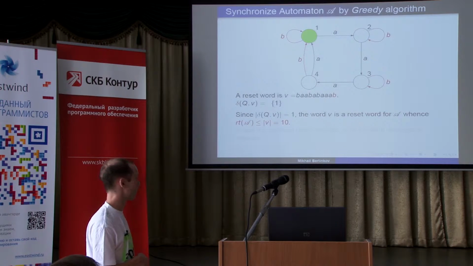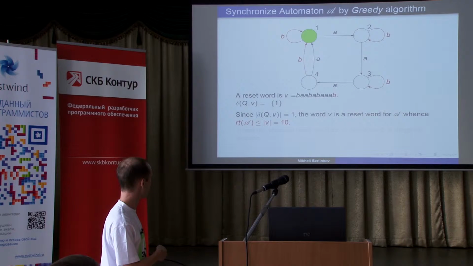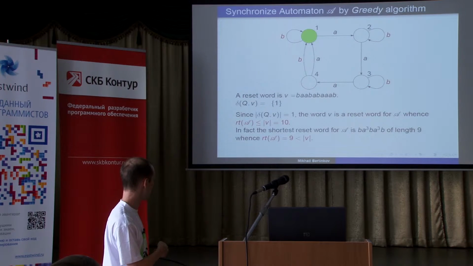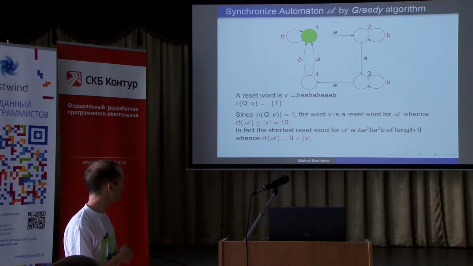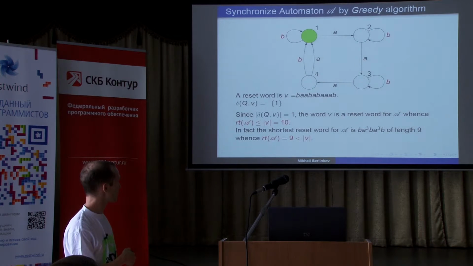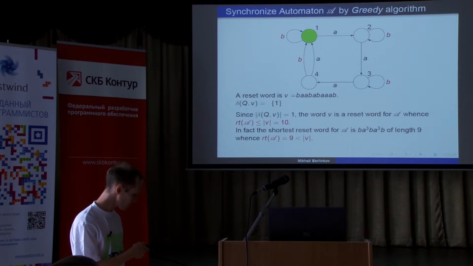Hence, this word is a reset word. Its length is 10, but actually there is a shorter reset word of length 9. That is, this algorithm for this automaton doesn't provide an optimal solution.